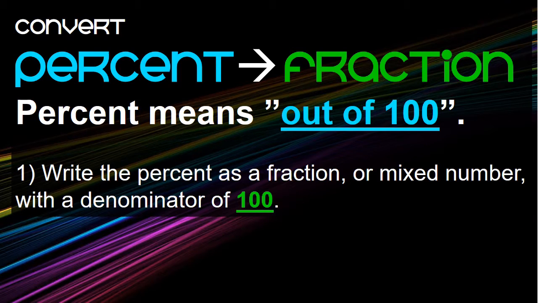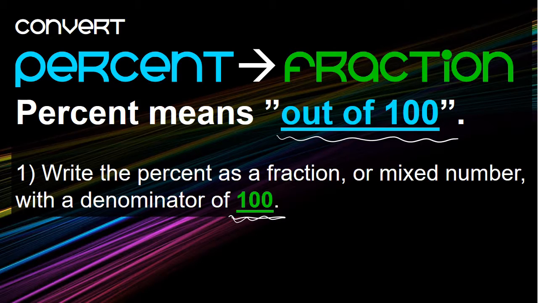So now let's talk about how we can convert a percent to a fraction. In our previous video, we learned that the word percent means out of 100. So here are our simple steps. Step one, we're going to write the percent as a fraction or a mixed number with a denominator of 100.